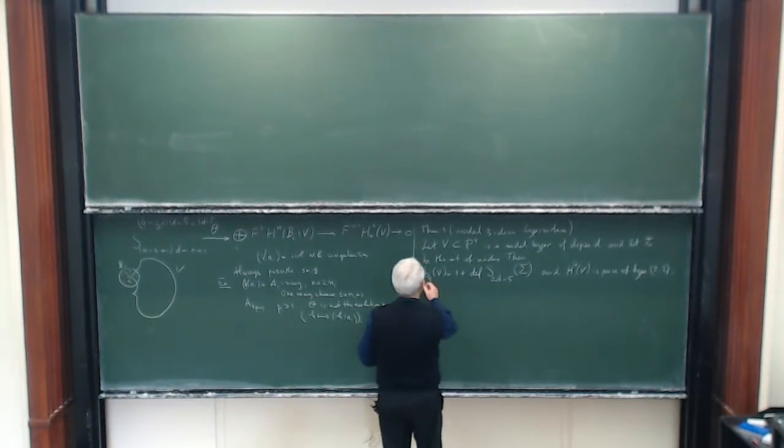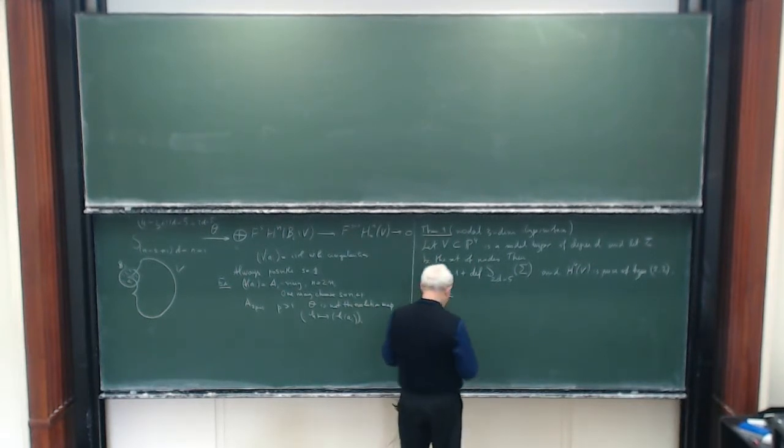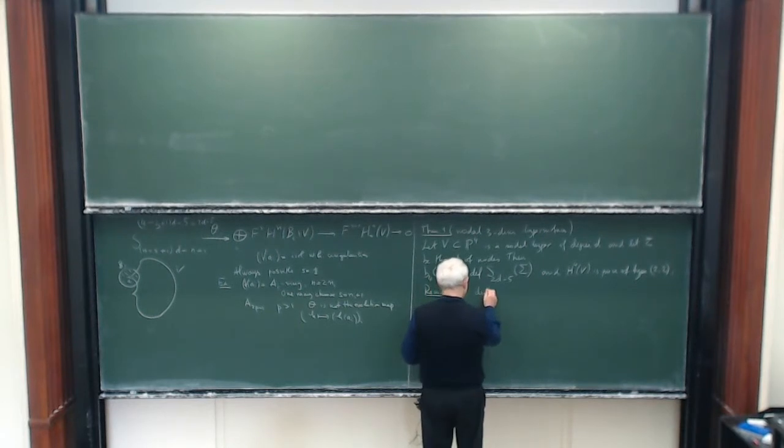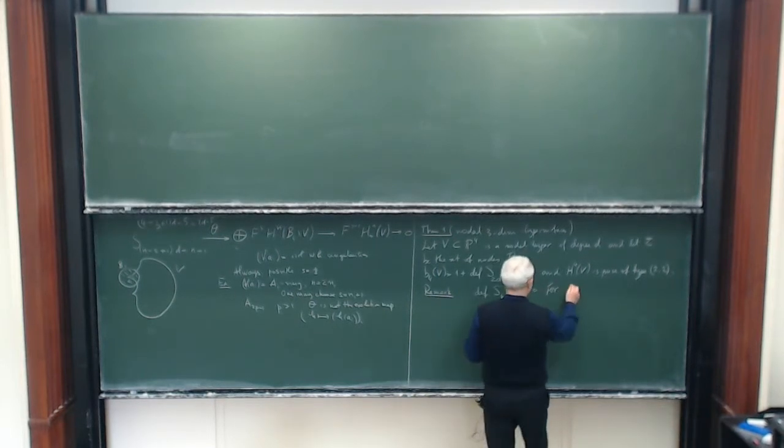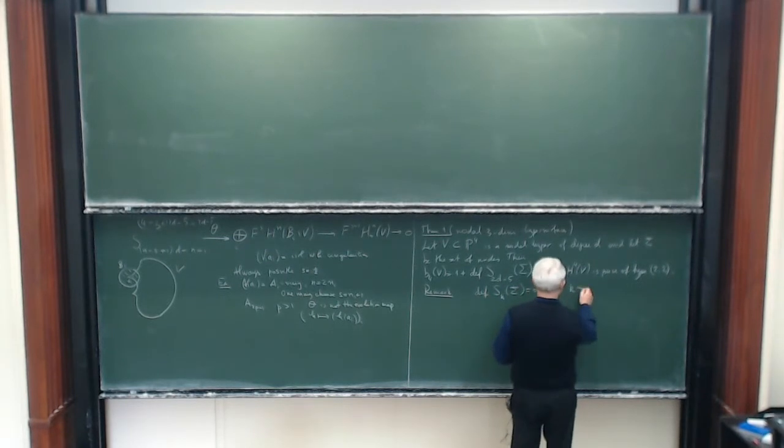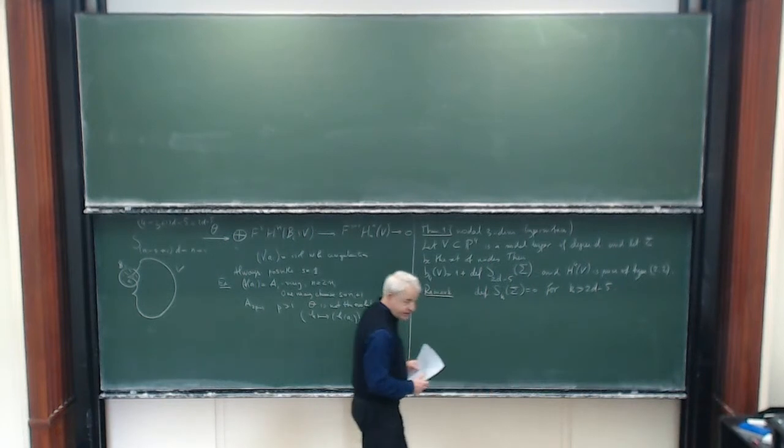And what is an interesting remark here is that if I want to compute the defect for larger k, so for k strictly larger than 2d minus 5, then this defect is 0.